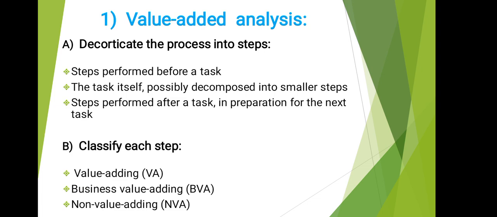Each step is then further classified into smaller steps. All these steps combine and perform one task. That one task being performed is basically a step to the next task. That next task then is a step to another task. These tasks being done one by one ultimately lead to the completion of the process.